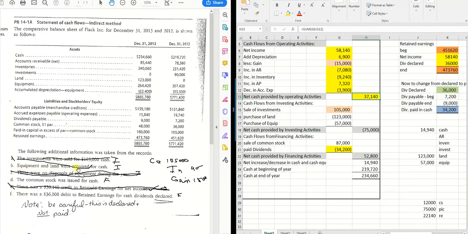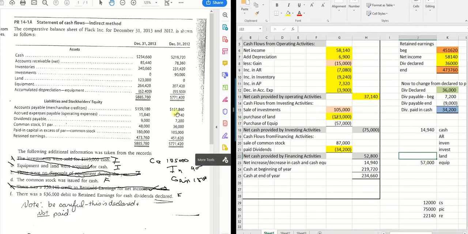It says equipment and land were acquired for cash, so I'm going down to equipment and land. Land went up by 123,000, so I have purchase of land. Cash went out the door if I purchased it, so I can delete that.